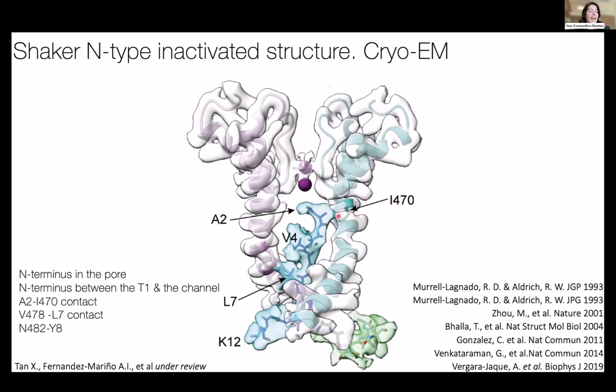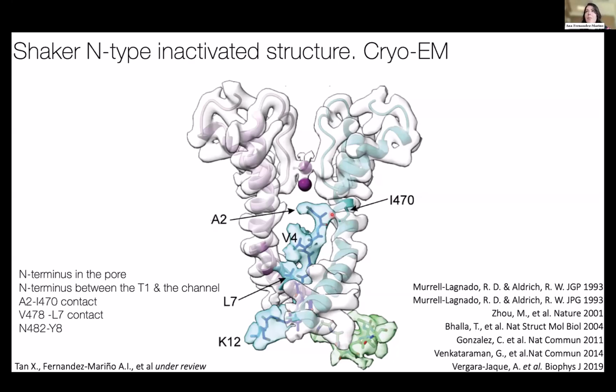And besides all the side chains that we see and the different interactions that I will touch on a little bit later, in the structure we solved the alanine 2, but we didn't see the first methionine. So we were wondering what was going on and why we were missing the first residue. We're not seeing the methionine and we're actually seeing the alanine that we know can interact and cross-link with I470. So this looked right, but we were missing a residue.